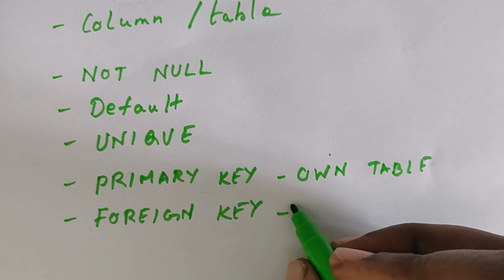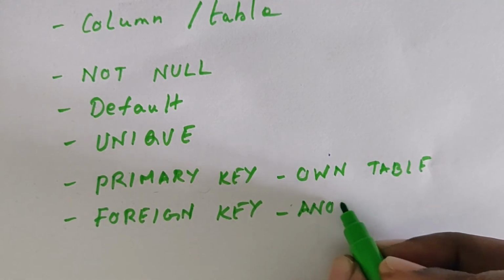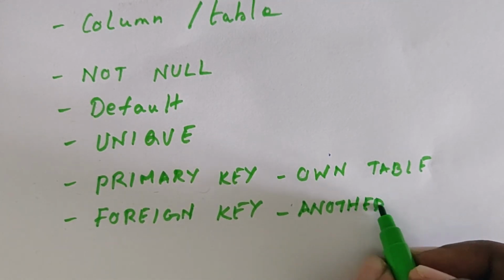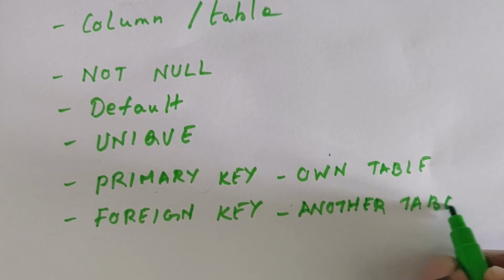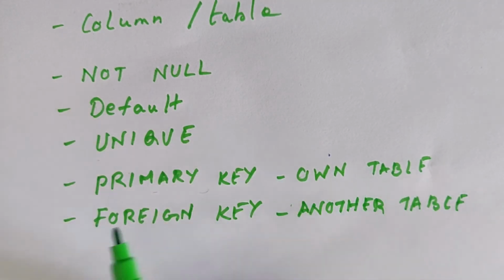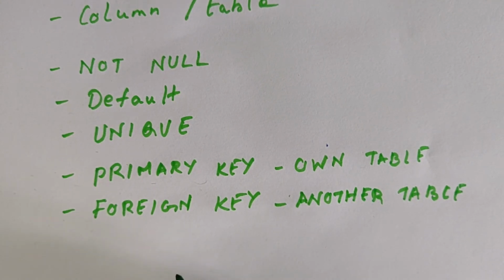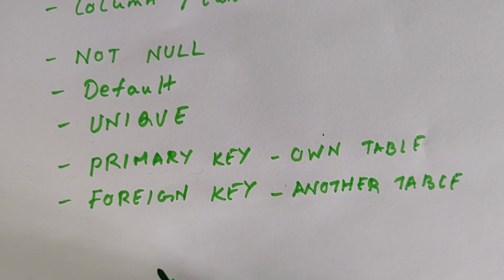So that is the usage of a foreign key: to uniquely identify a record from a different database table.